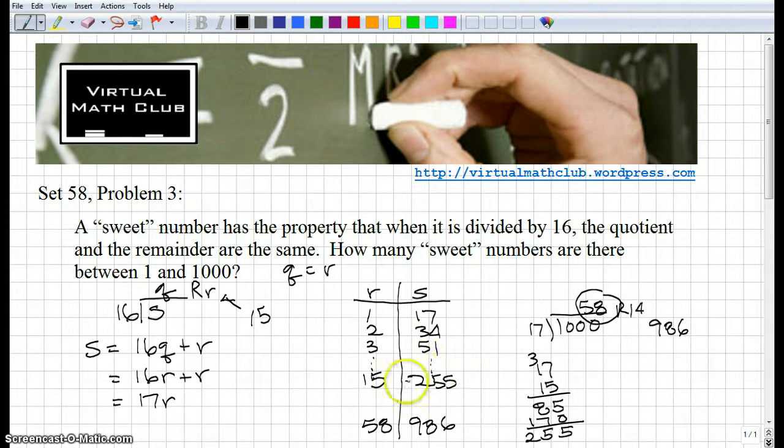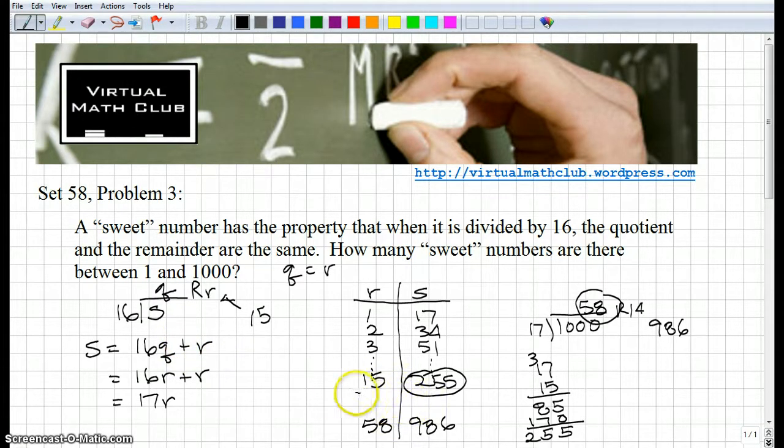That's our biggest sweet number, 255, because once we go past that, we can't get a remainder of 16 or 17 or 18 or 19 when we divide by 16. A remainder of 17 would essentially be a remainder of 1, because that just means we have another 16 plus one more in that number.